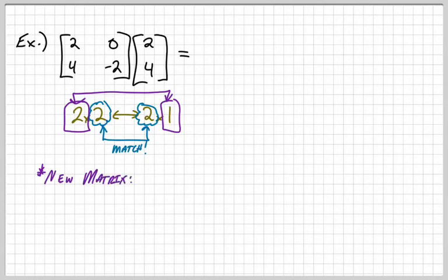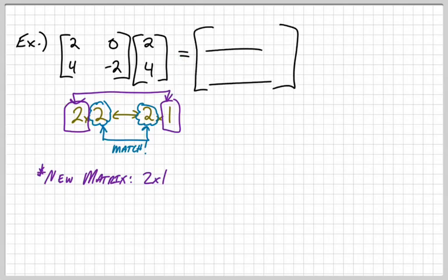So the new matrix is going to be a 2 by 1. That means 2 rows by 1 column, essentially sort of the same setup as that guy right there, right? Our column matrix. So I'm going to go ahead and put my little blank matrix down. I'm just going to put a blank here, and do a little bit of math. I know it's going to be 2 rows in 1 column.